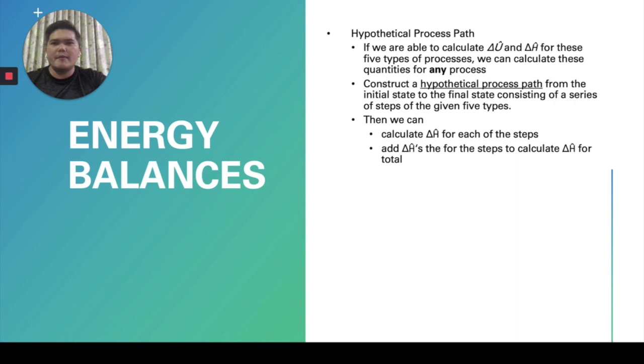This is where we must construct a hypothetical process path with certain steps, so that we can calculate the total enthalpy change or total internal energy change. Then we calculate delta H or delta U, and we add all the enthalpy changes for every step, in order to calculate the change of enthalpy in totality.